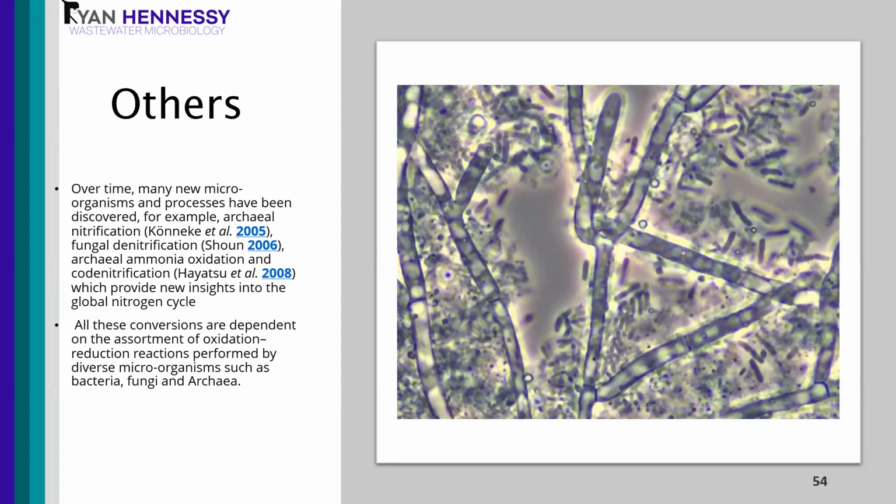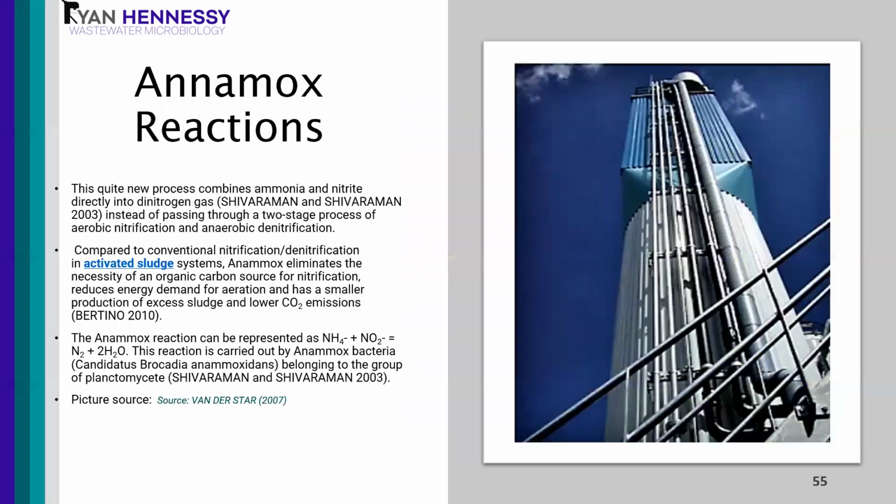When we look at activated sludge, we focus strictly on the bacteria, but it is important to know there are some other organisms that could potentially nitrify. All of these conversions are dependent on a assortment of oxidation reduction reactions performed by diverse microorganisms, and bacteria and fungi can also contribute to that. So there are some outliers basically.